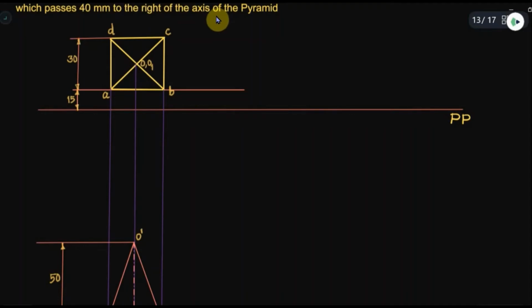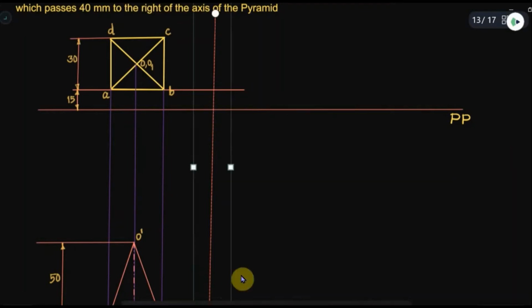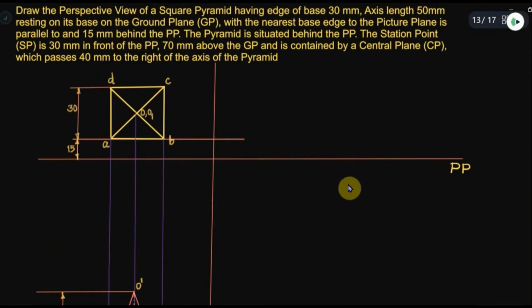So that will be, let's say, approximately here. So this is the central plane line, which is perpendicular to both the picture plane and the ground plane.